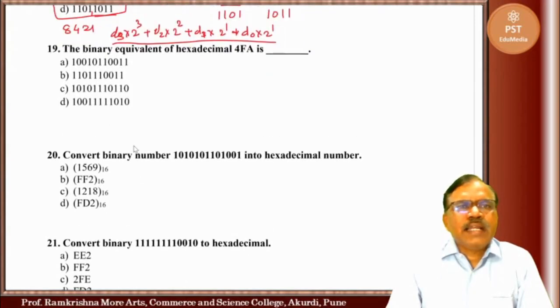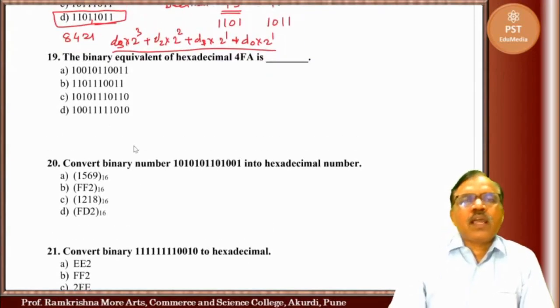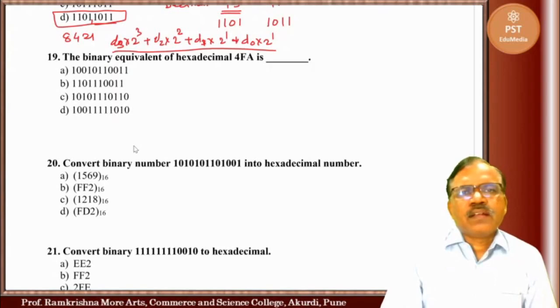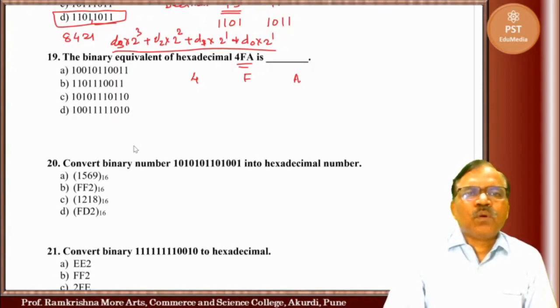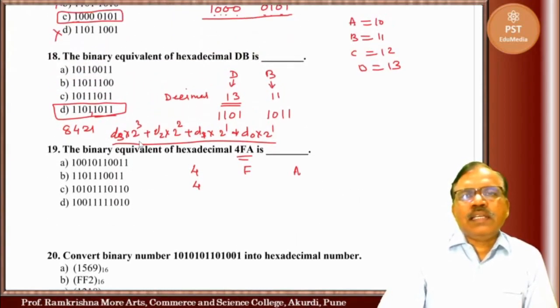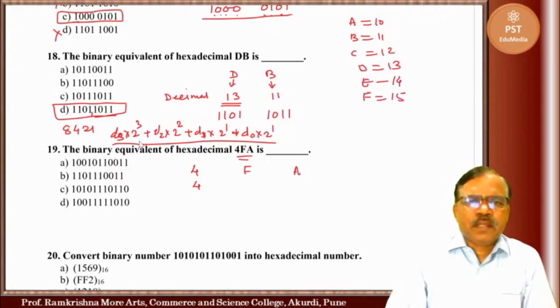Now binary equivalent of 4FA, hexadecimal number. So 4FA. Now 4 is decimal 4. F is what? D, E 14, F 15. So it is 15 and this is 10.